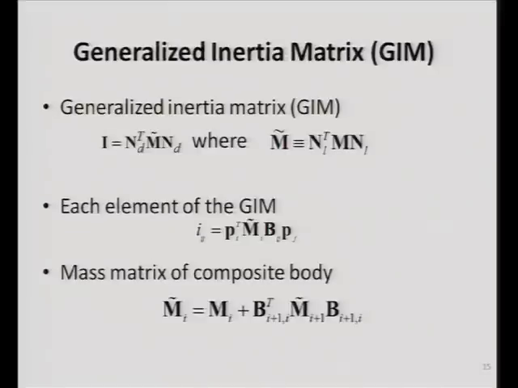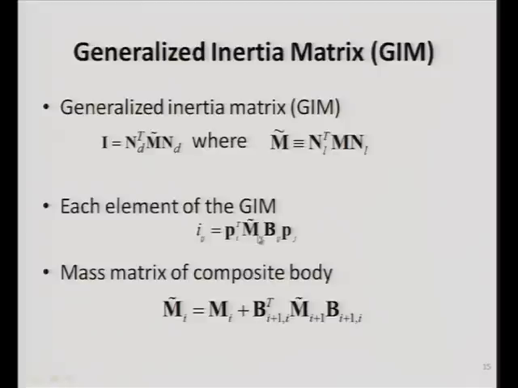So, with that intention, if I look at the elements of the GIM, the generalized inertia matrix, the 1 1 element, 1 2 element, 1 3 element, they can be very nicely expressed as a combination of vector matrix multiplications.